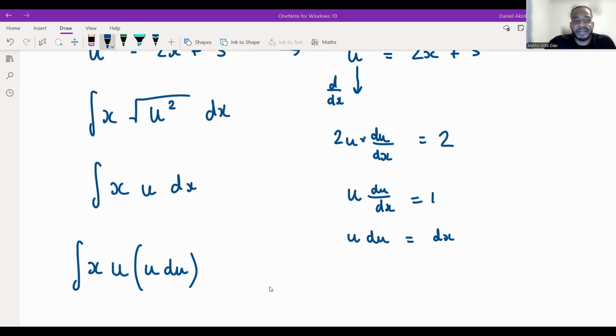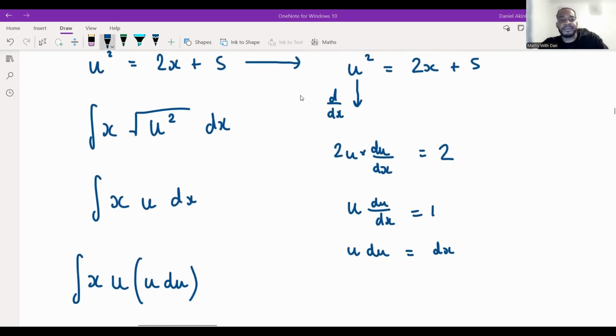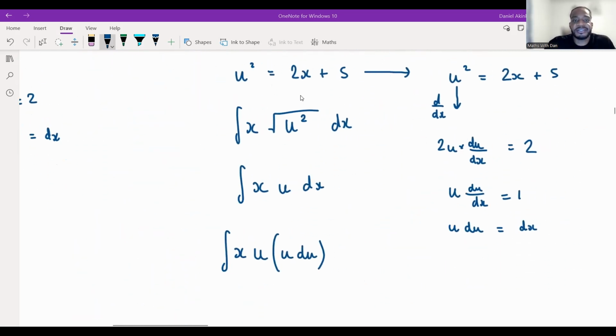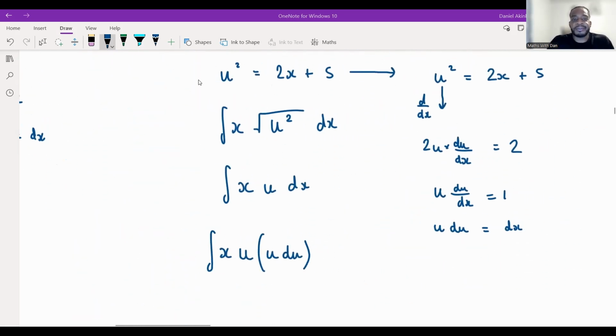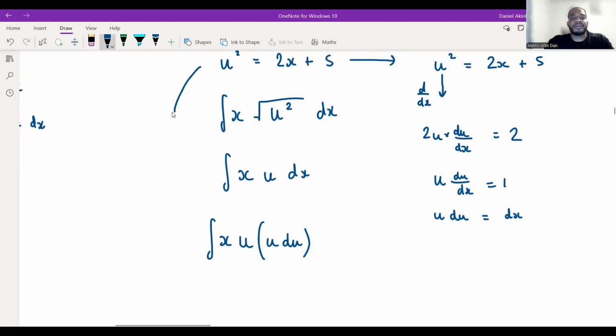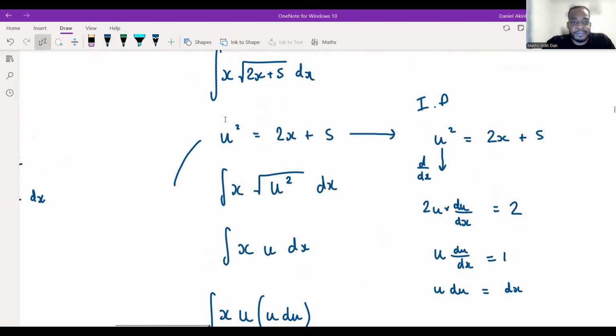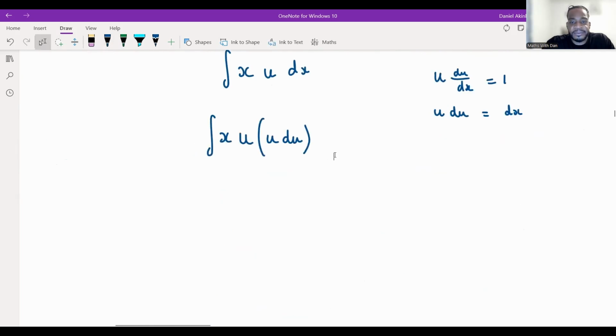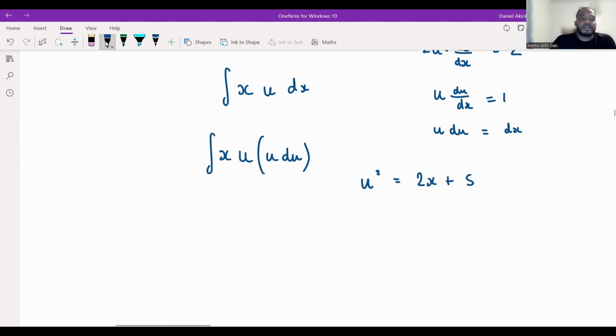And then the x is still there. We don't want the x, so we're going to rearrange this. I'll just copy it to be fair. Then u squared take away 5 is equal to 2x.